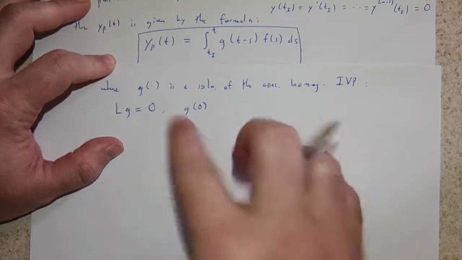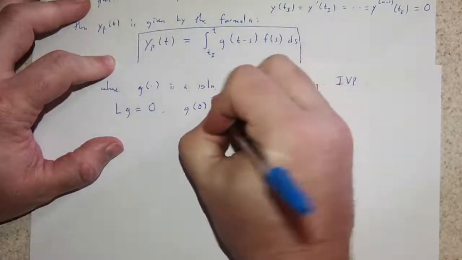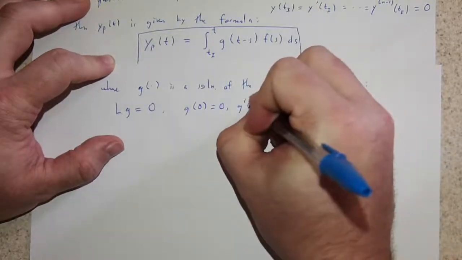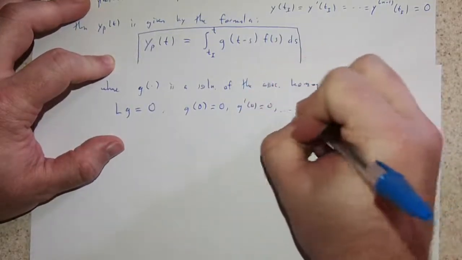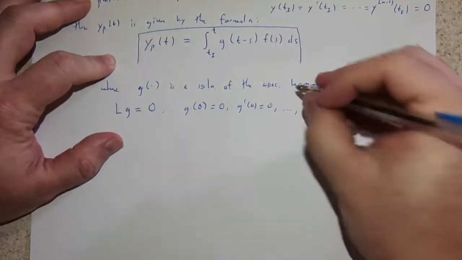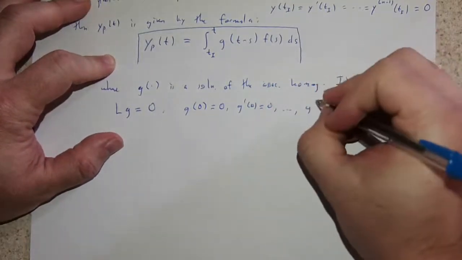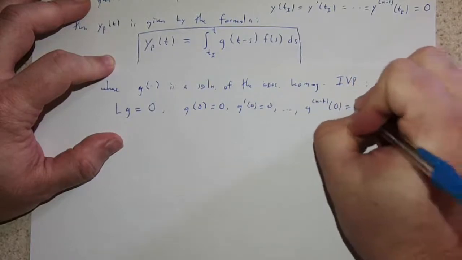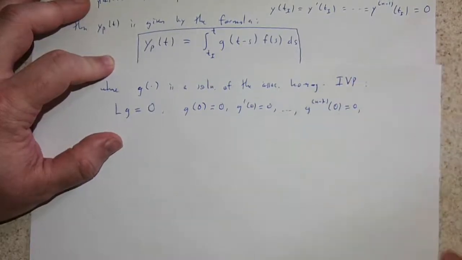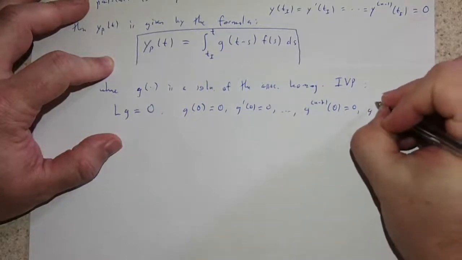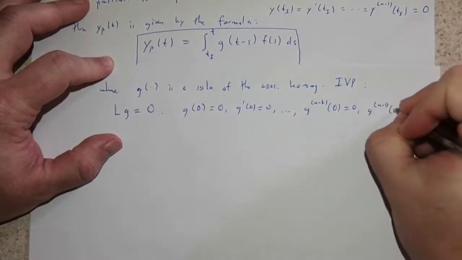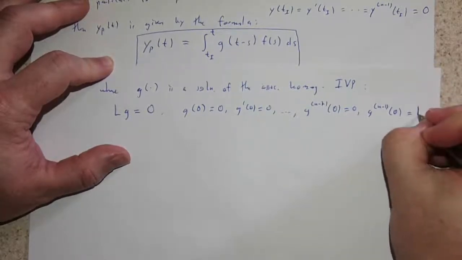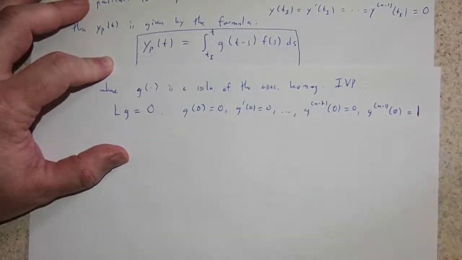So g of 0 is 0, g prime of 0 is 0, and so on, all the way up to the n minus second derivative being 0. But that last IC is going to be different. The n minus first derivative of g is 1. So all these initial conditions are zeroed out, except this one is 1.